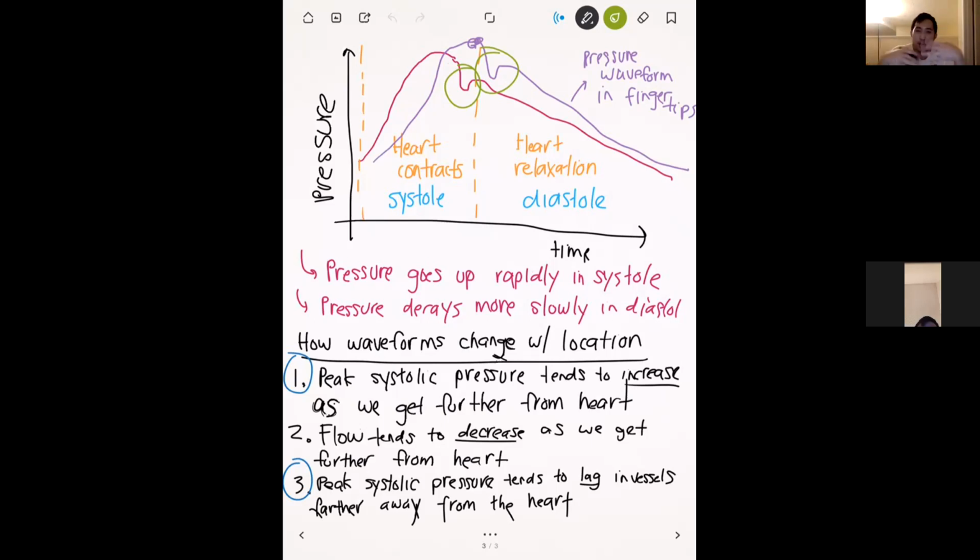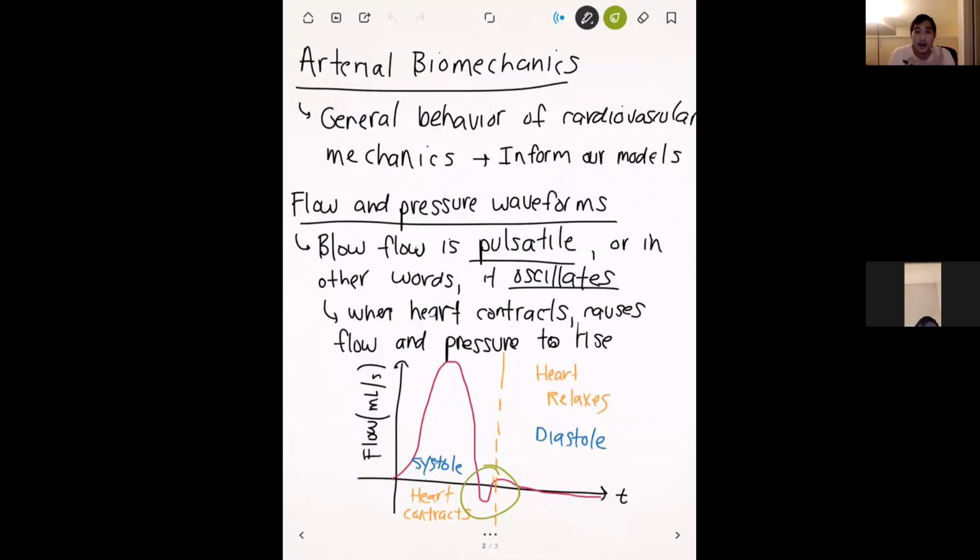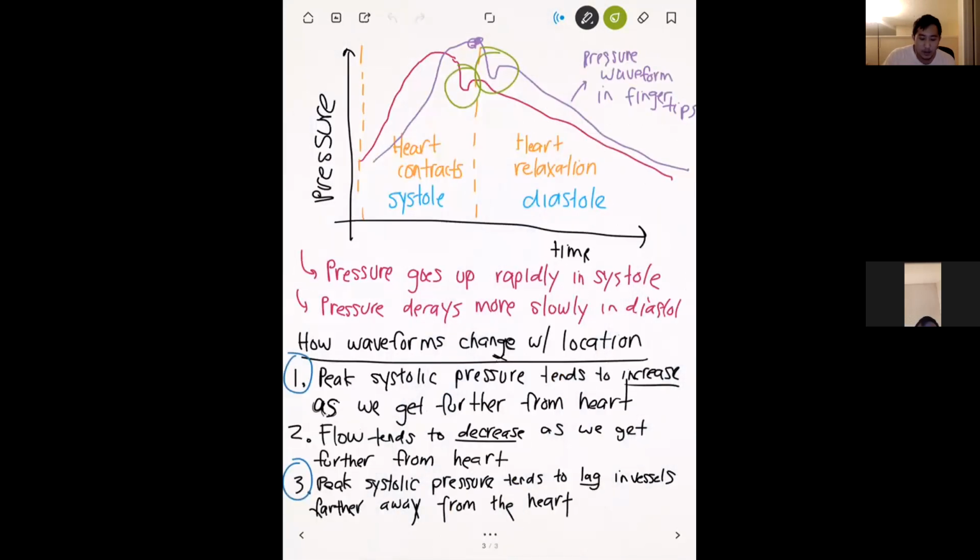And so as it pulls flow back towards itself, it causes the pressure to momentarily dip, and it causes the flow to actually go negative for a second too, because that valve pulls itself back and pulls the blood along with it. Right? And as you can imagine, as you move farther away from the heart, the effect of this aortic valve closing gets less and less pronounced. And so actually maybe more accurate, the fingertip waveform might look more something like this.